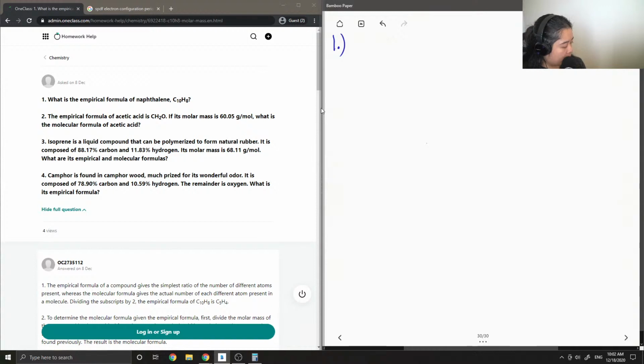So part A is pretty easy. What is the empirical formula of naphthalene? Let's write down the definition of empirical formula in case you didn't know what it meant.